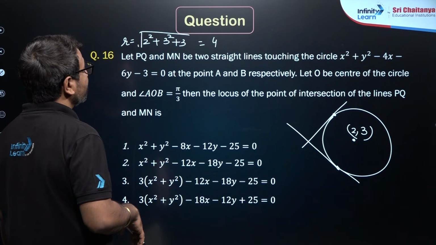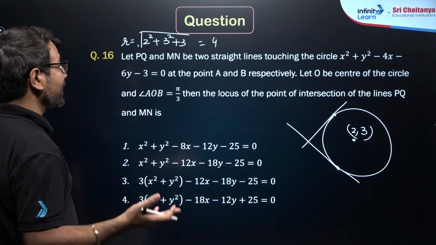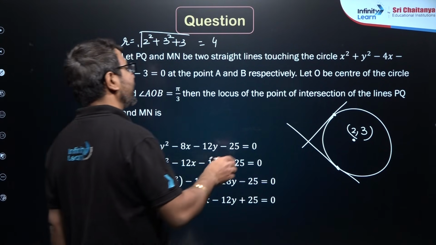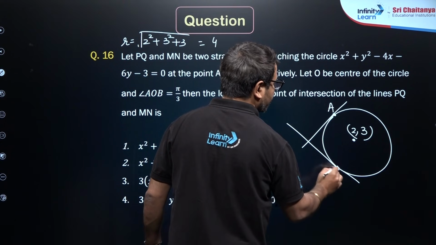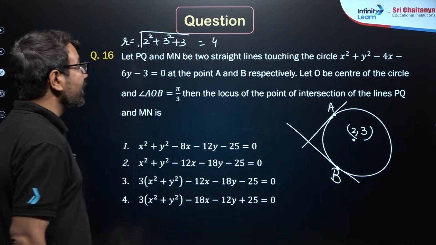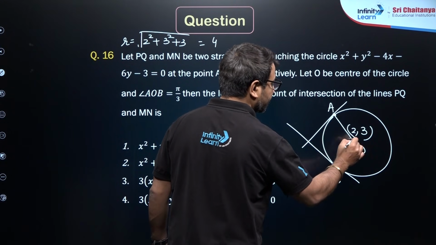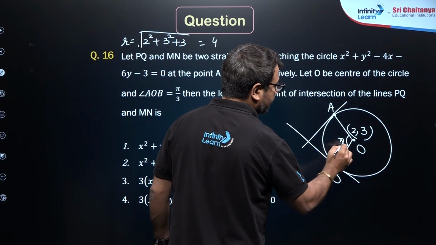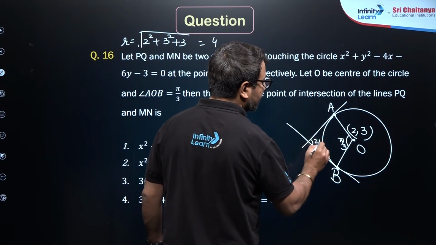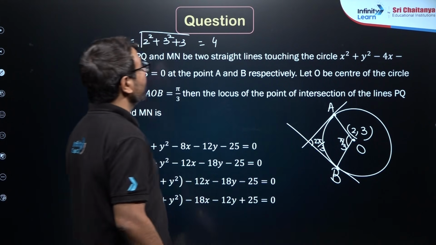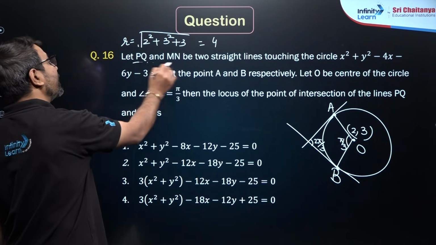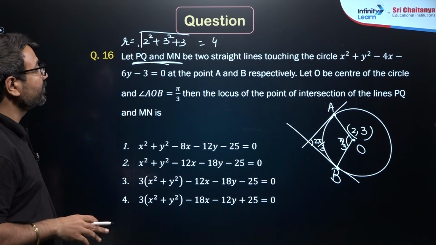They have said that PQ and MN are the two straight lines touching the circle at the points A and B. Let O be the center. Angle AOB is pi by 3. So here it will become 2 pi by 3, so the angle between PQ and MN is 2 pi by 3.